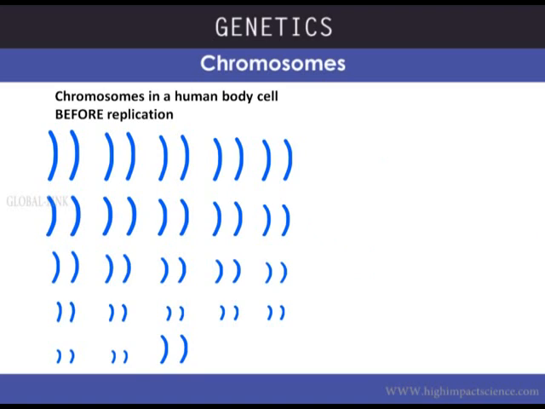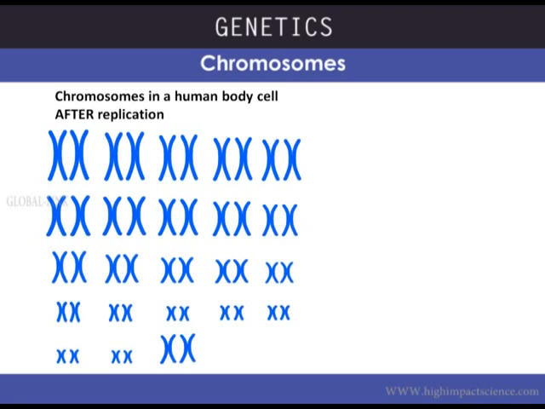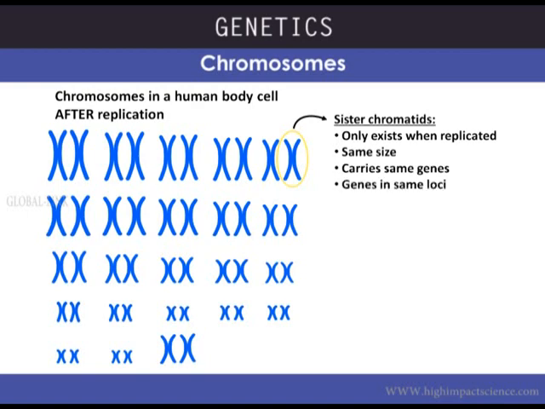During interphase, the cell undergoes DNA replication, and each chromosome now consists of two arms called sister chromatids held together by a centromere. Sister chromatids only exist after DNA replication. They are 100% identical, means they have the same size, carry the same genes in the same locus, and importantly, they have the same alleles for the same genes.